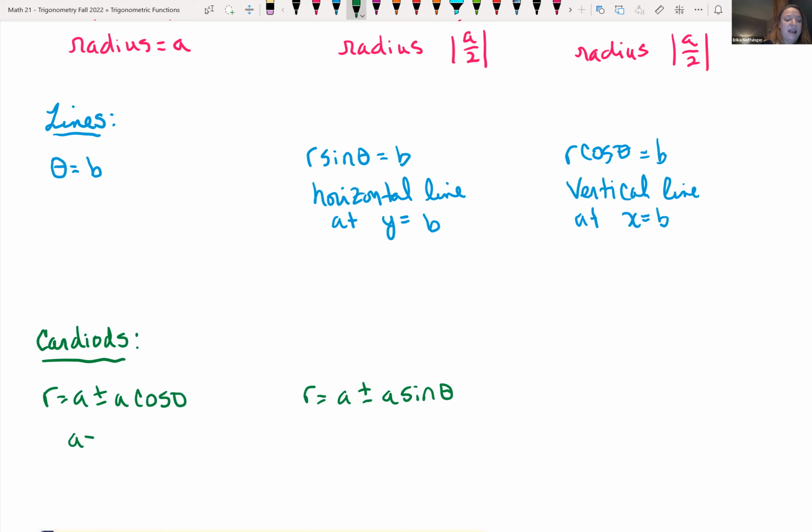These are the cases where a was greater than 0, and our graph crossed through the pole.